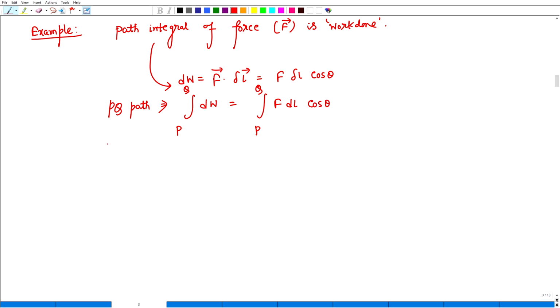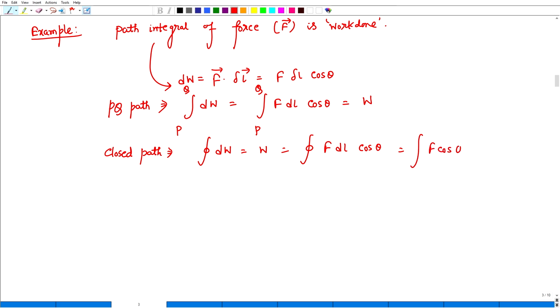And for a closed path, let me write closed path or loop, it is actually the W equals closed integral of F dl cos theta, or we can write it F cos theta dl, does not matter, the same thing.